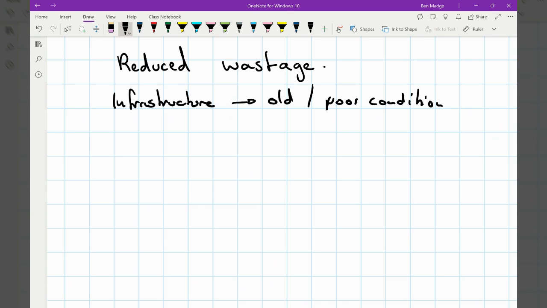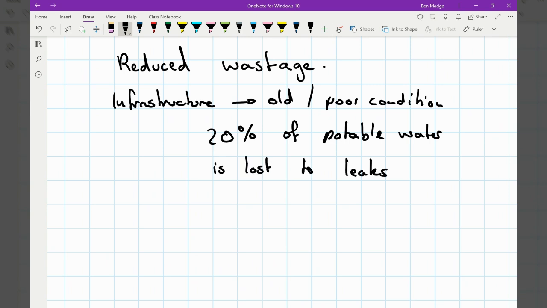So about 20% of potable water, which means drinking water, is lost to leaks and also leaking appliances in domestic or industrial usage.